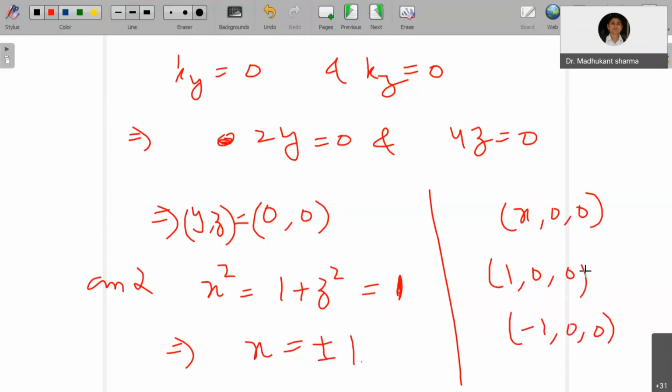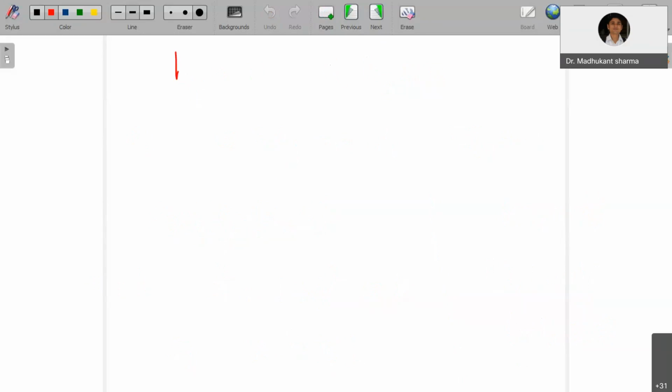Both will be points of extrema. Now you can further find out that this will give you the minimum value. Again use the second derivative test: kyy equals 2, kzz equals 4, kyz is 0, which you can easily identify.